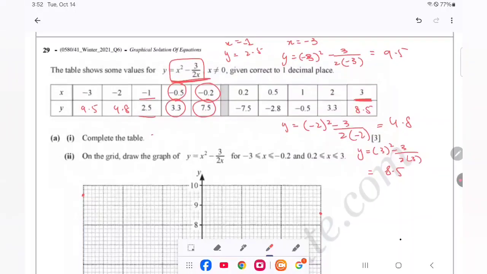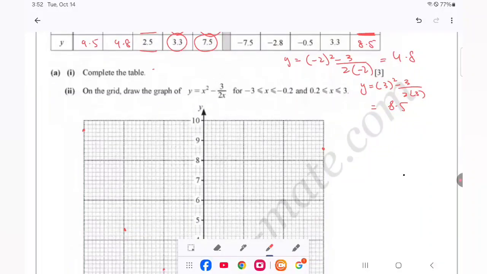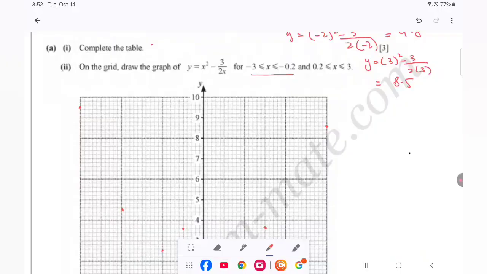So our table is complete. In part 2, on the grid, draw the graph of y equals x squared minus 3 over 2x for x greater than or equal to -3 and less than or equal to -0.2, and for the second, x greater than or equal to 0.2 and less than or equal to 3.